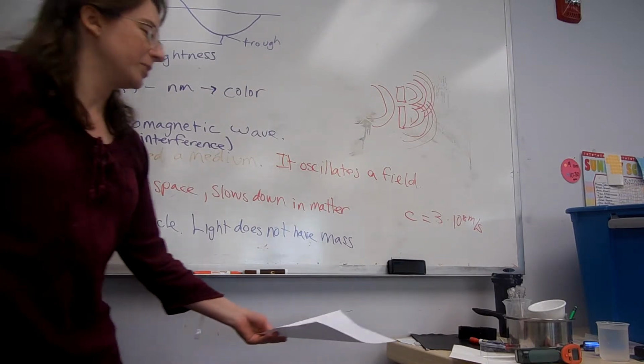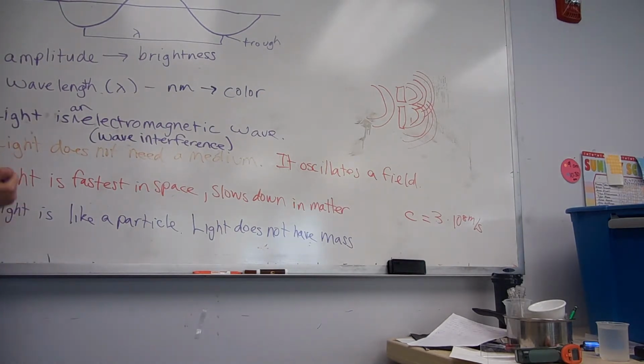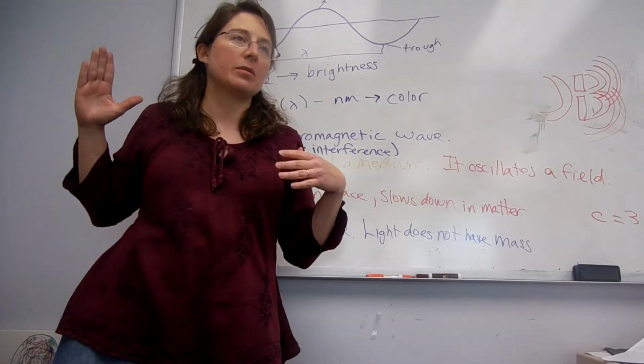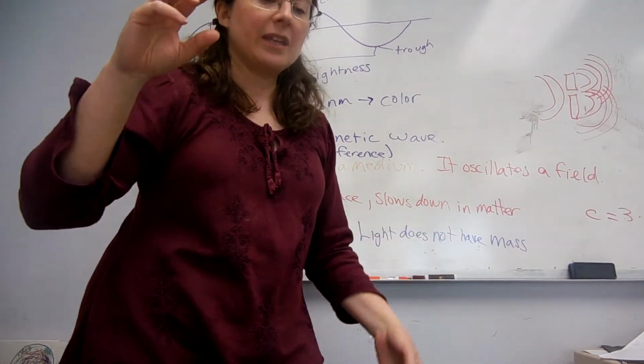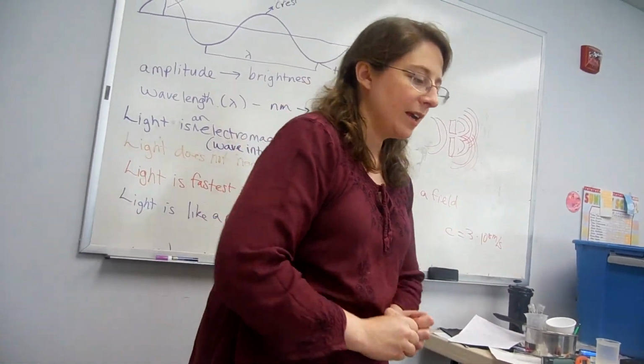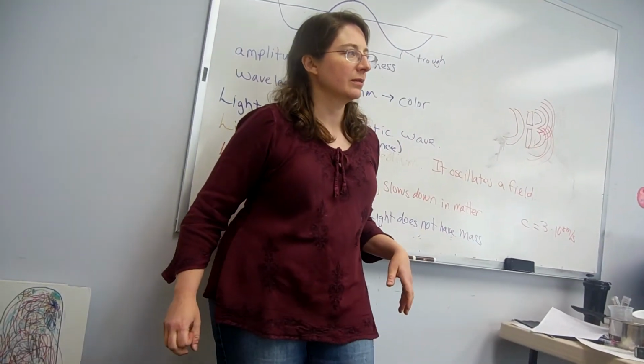But, and I can't reproduce this experiment for you, what they found was if you shine light on a piece of metal, and the light is at least the right frequency, the very moment the light is switched on, with no time delay, it knocks electrons off the piece of metal.